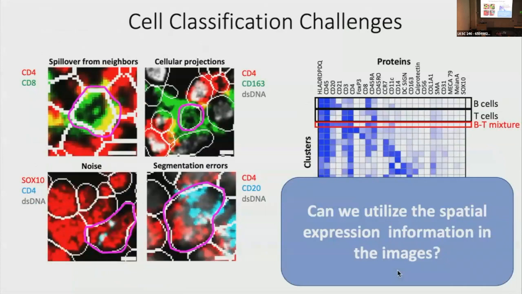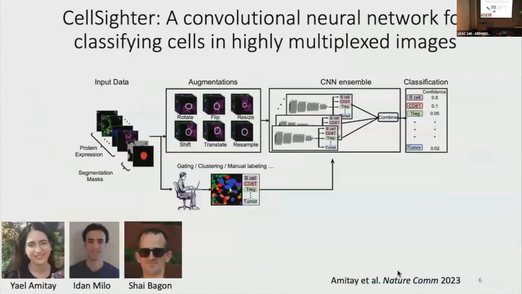So our first question was, can we utilize the spatial expression information, and how should we do that? Our first try was to use a CNN, and this is called CellCider, published in Nature.com this year. Here we manually labeled a lot of cells and used an ensemble of CNNs to classify these with confidence.